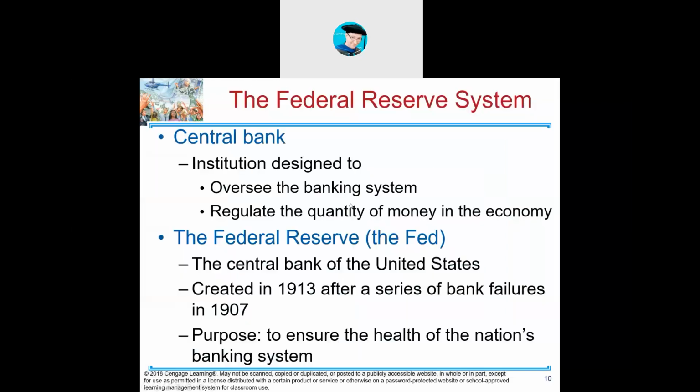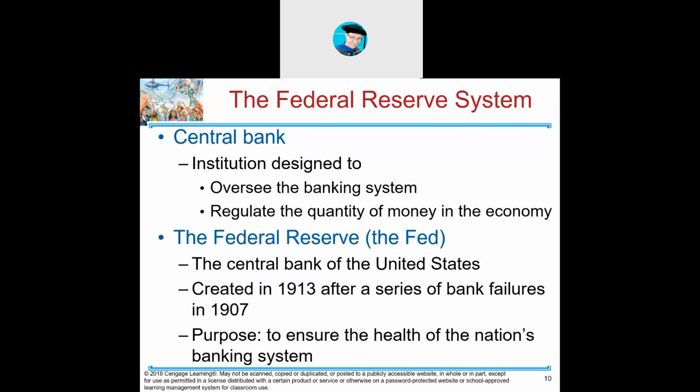Okay, so that's the graph. Moving forward, as I had said earlier, here in the United States, we utilize this thing called a central bank. The institution oversees the entire banking system and regulates the quantity of money in the economy.